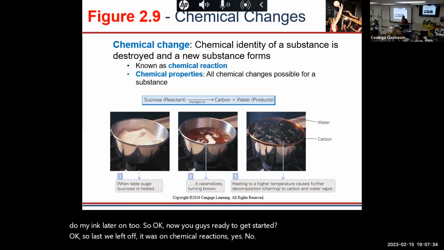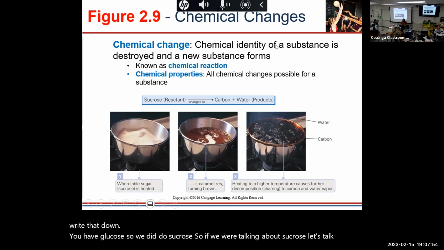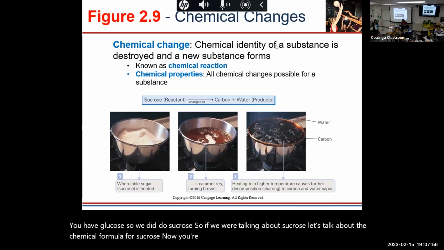Okay, so we've talked about sucrose. You guys remember the chemical formula for sucrose? Did you write that down? So if we're talking about sucrose, let's talk about its chemical formula. You're going to have to excuse my third grade handwriting.